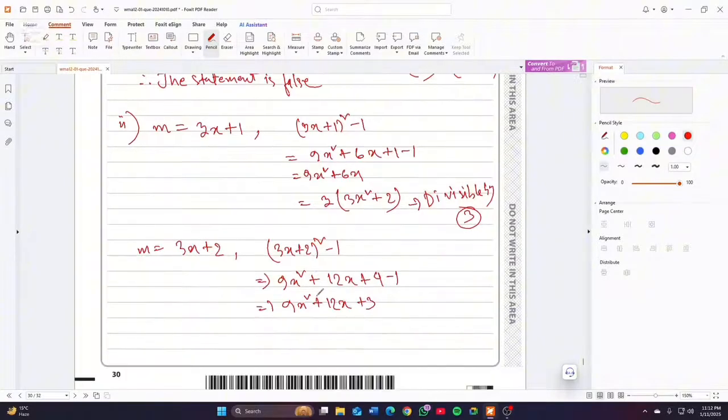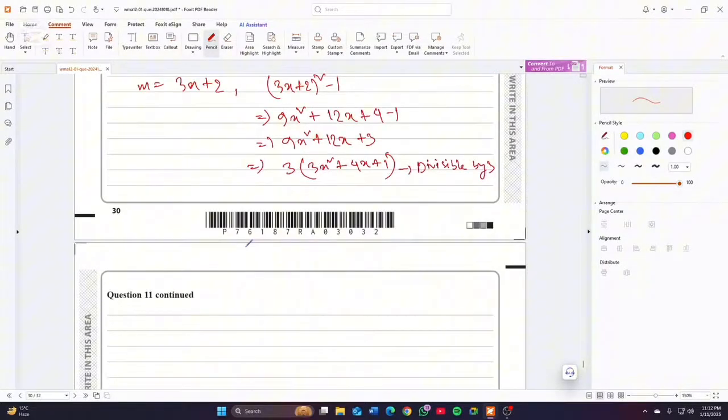Again, we can take 3 out as a common factor, so this will be 3 times 3x squared plus 4x plus 1. This is definitely divisible by 3. So again, it holds true.